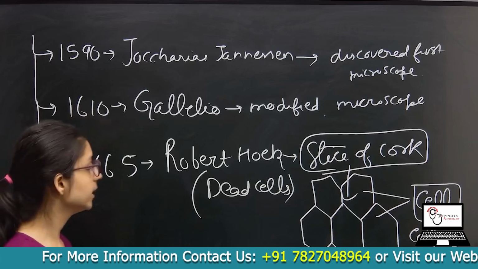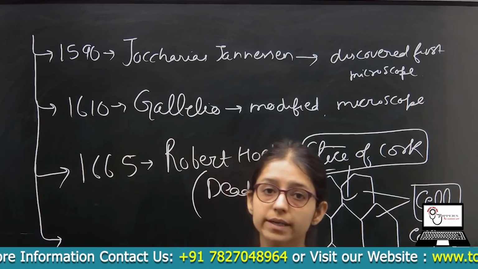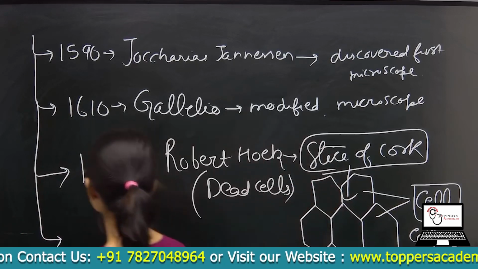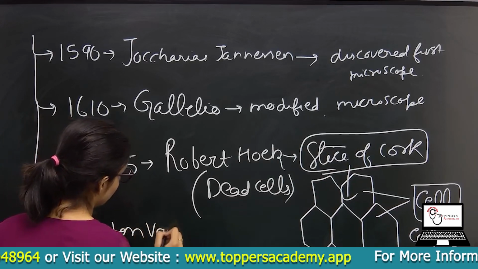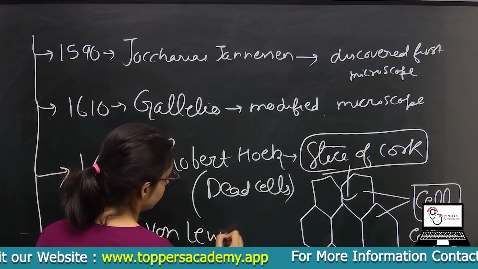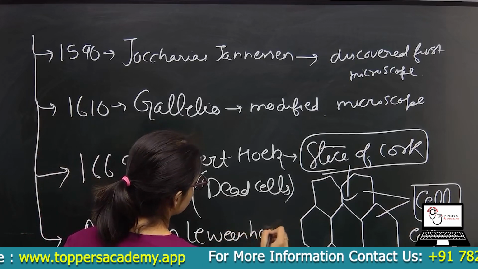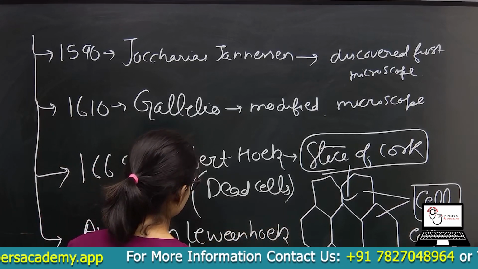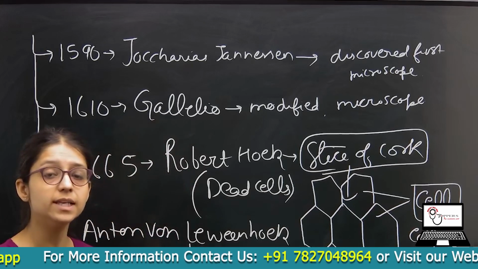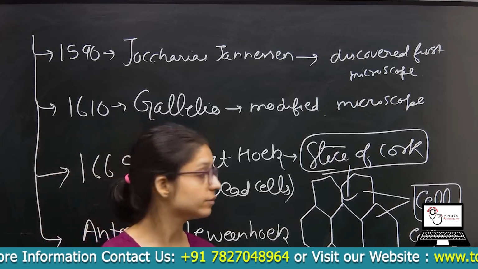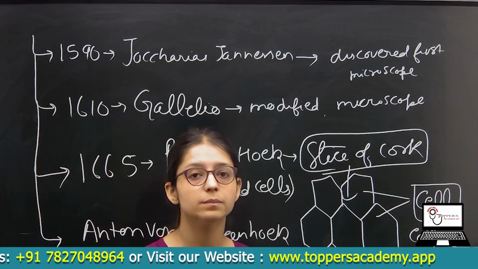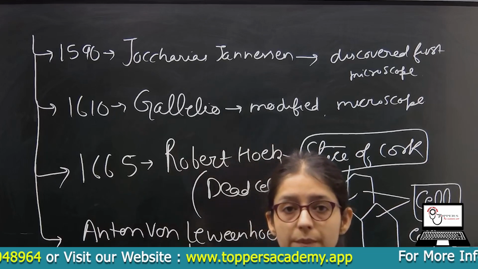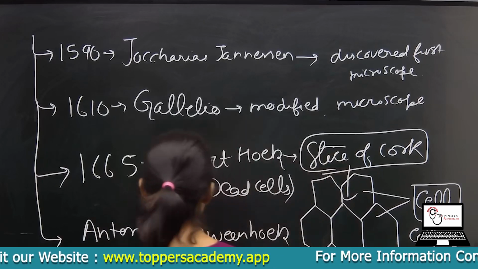So he discovered the dead cell, but another scientist named Anton von Leeuwenhoek observed the living cell by observing simple structures like bacteria and spermatozoa under the microscope.